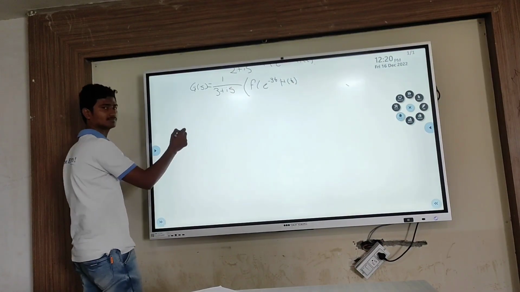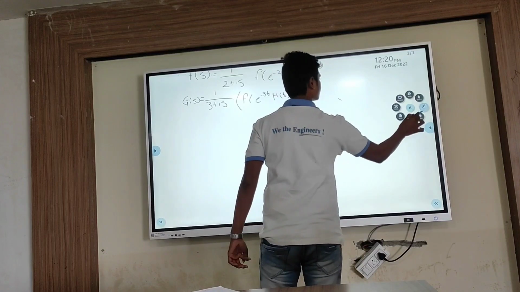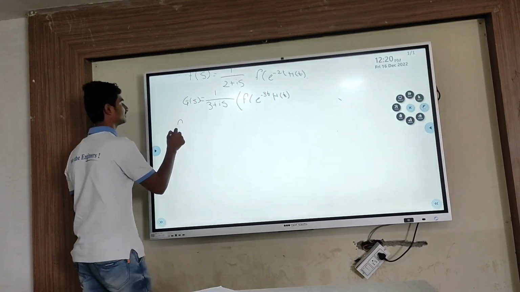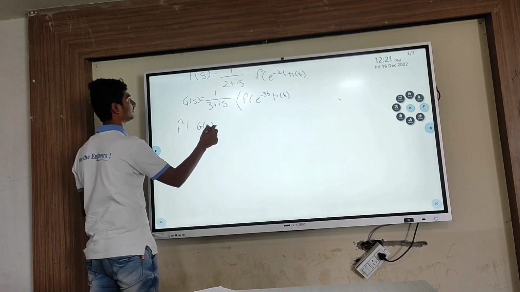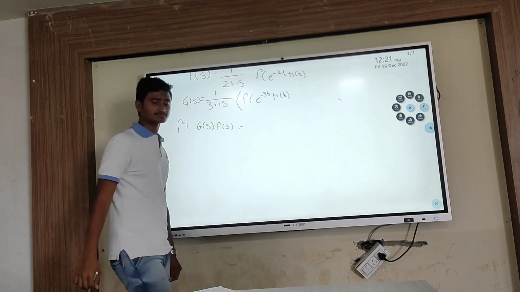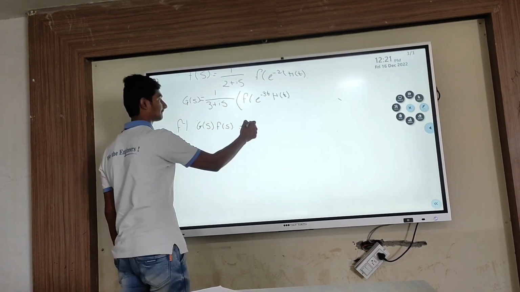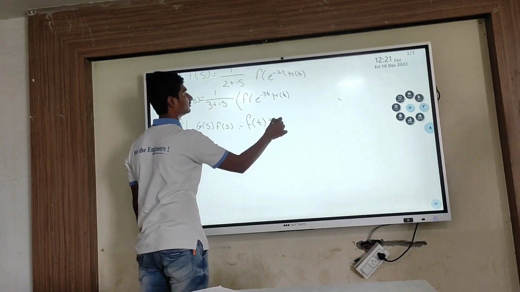So we can calculate the inverse of g of s and f of s. So we get f of t convolved with g of t.